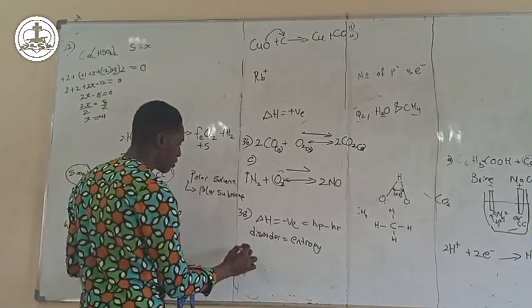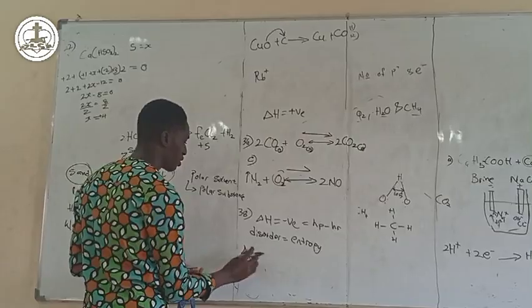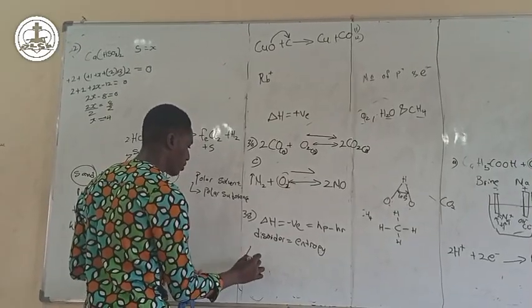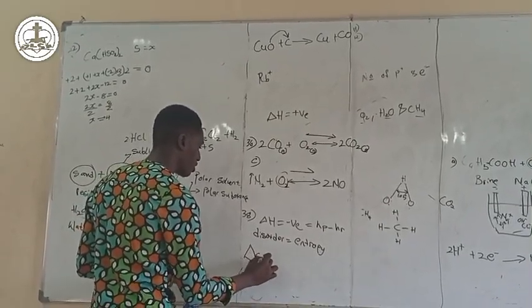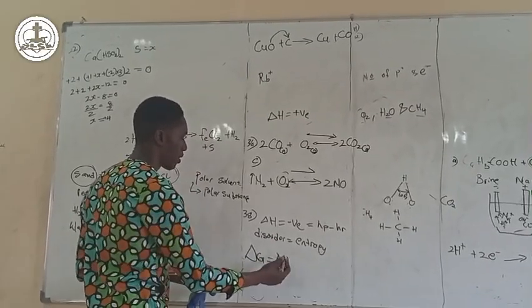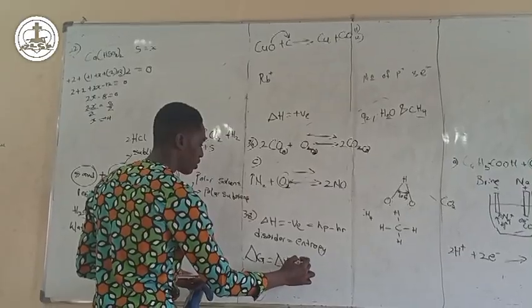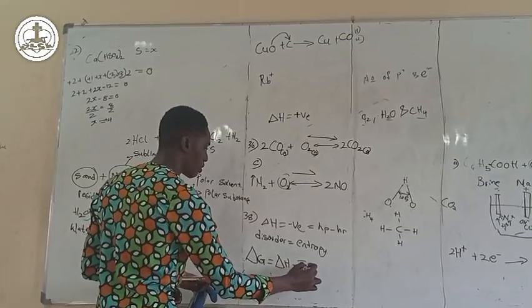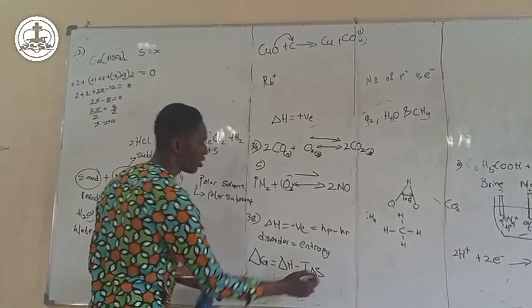So this is the formula for Gibbs free energy. Gibbs free energy is given by H minus the temperature multiplied by the change in entropy.